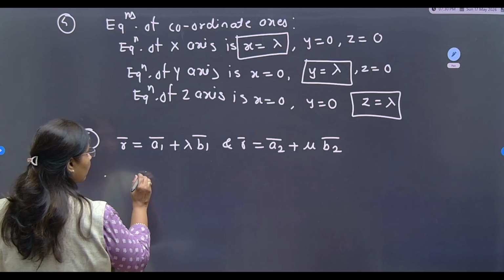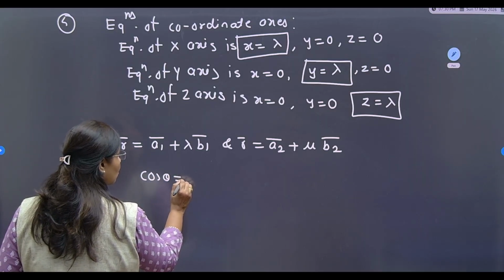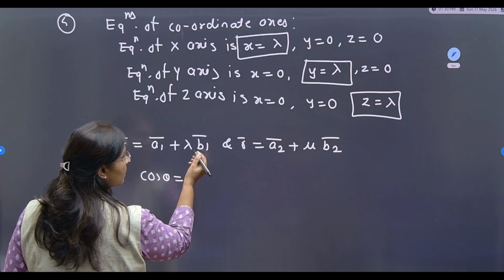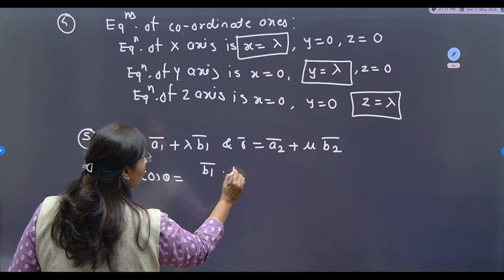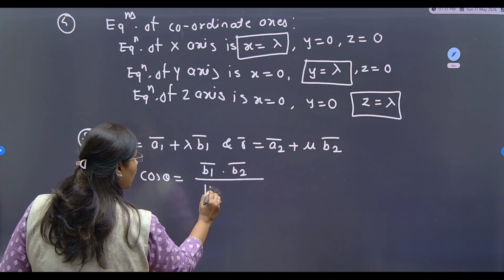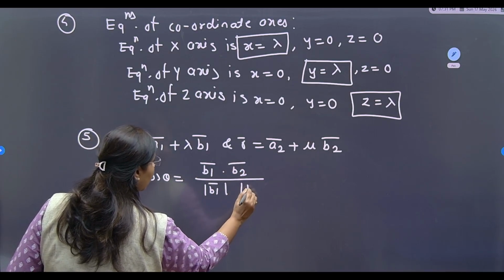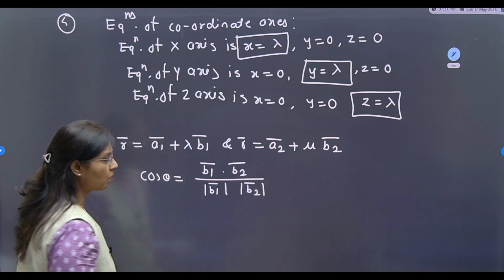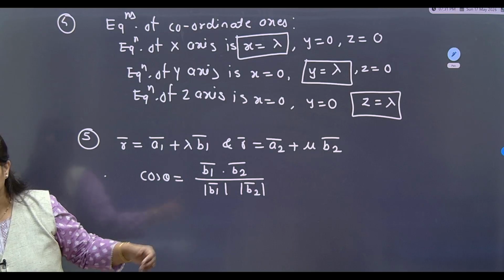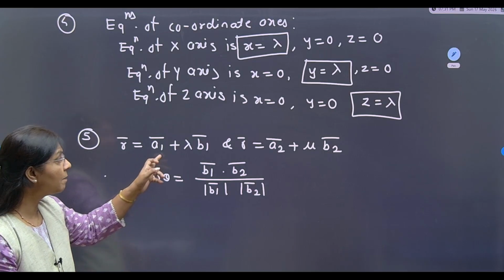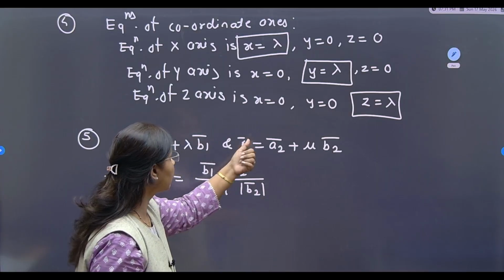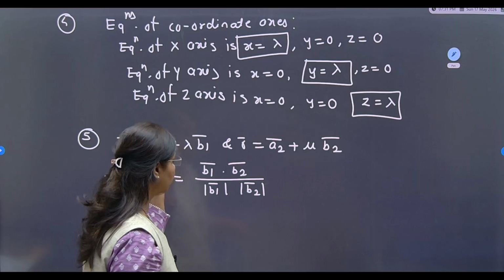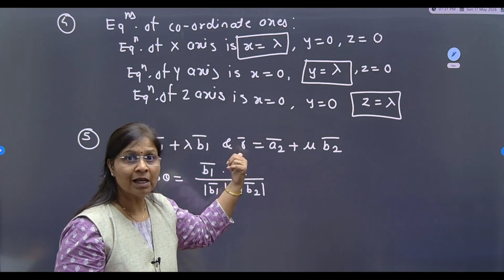Therefore cos theta is equal to b1 bar dot b2 bar upon magnitude of b1 bar into magnitude of b2 bar. This is the formula: the angle between two lines is the angle between two vectors, b1 bar parallel to the first line and b2 bar parallel to the second line.